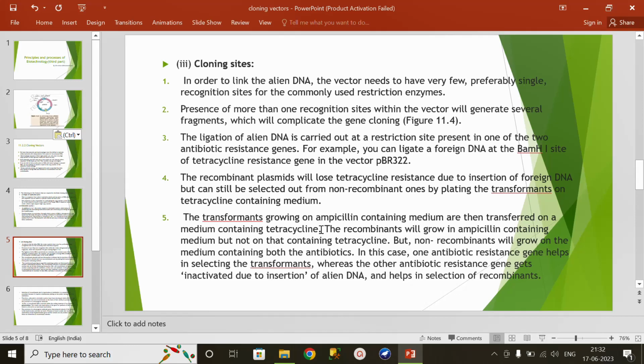The transformants growing on ampicillin-containing medium are transferred onto medium containing tetracycline.